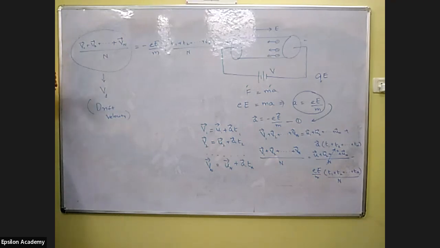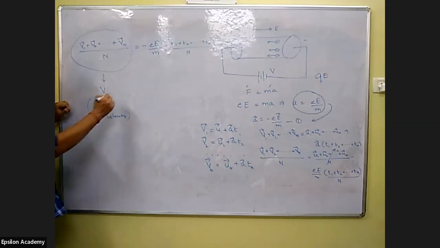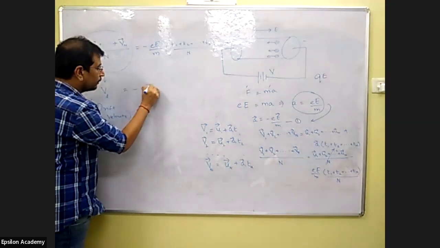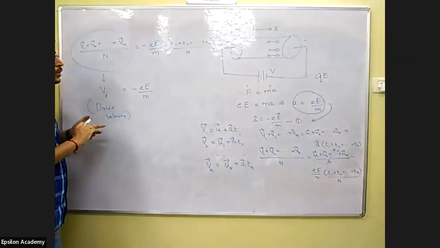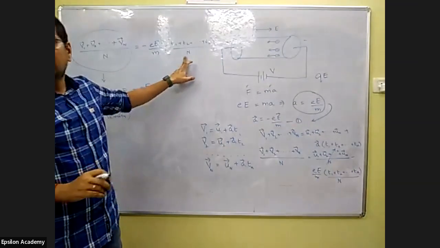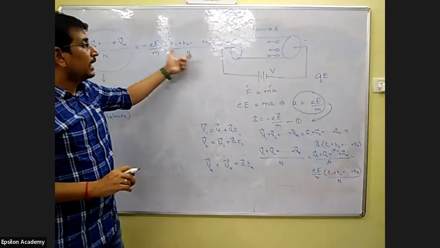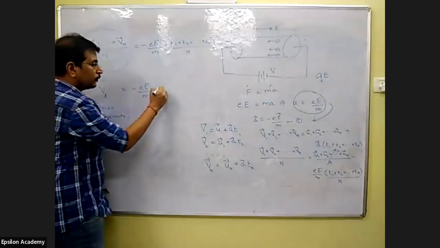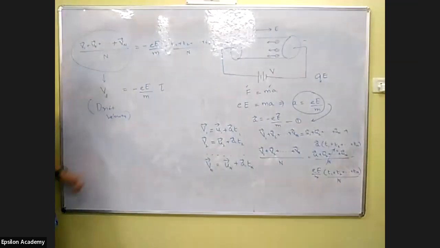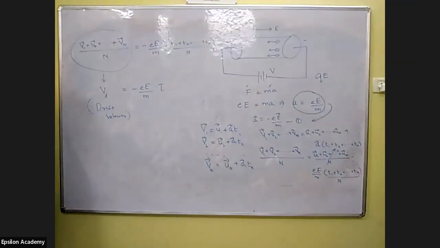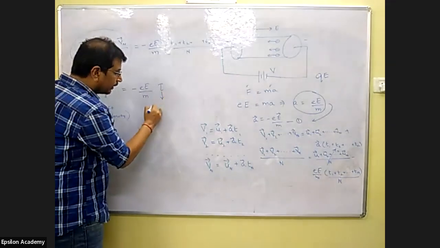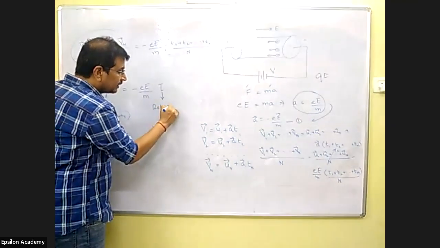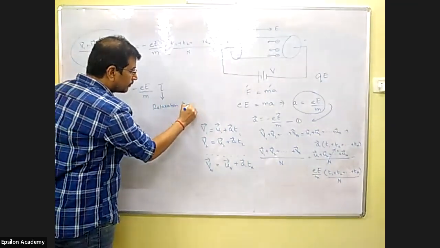So drift velocity is equal to minus e into capital E divided by m into, what is the sum of all these values? What are you able to see from here? The average of all the time, right? So the average of all this time is given a name called tau, where this tau is called relaxation time.